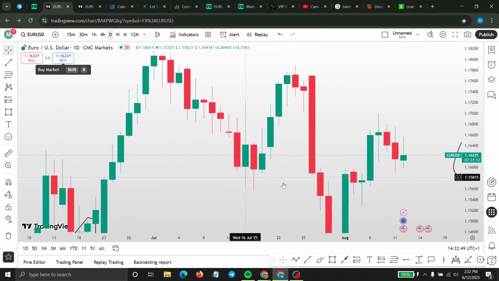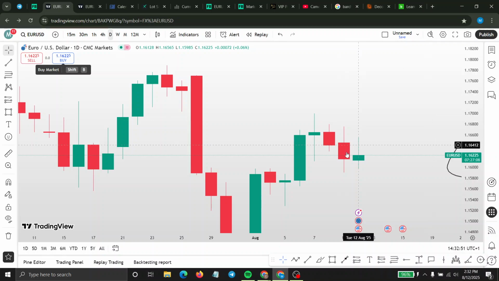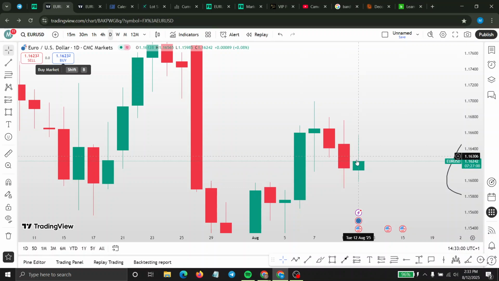What pattern is it giving us? This current candle that is forming, this current one. No, it's giving us the formation of a shooting star. It's giving us rejection from the top with how the candle looks. If it closes like this, that means it's a shooting star.